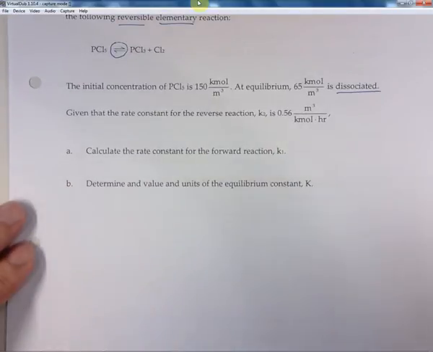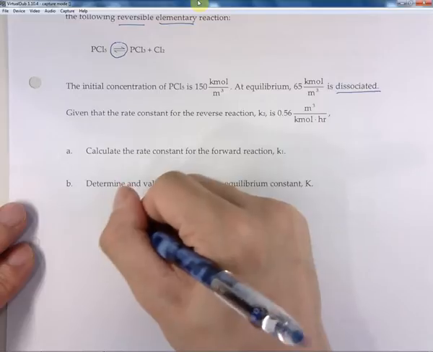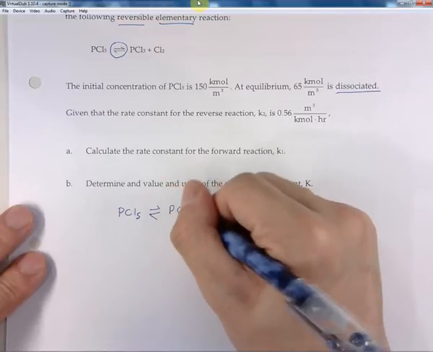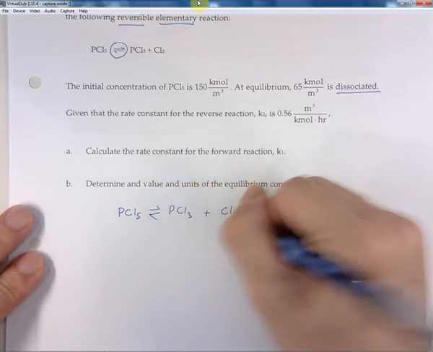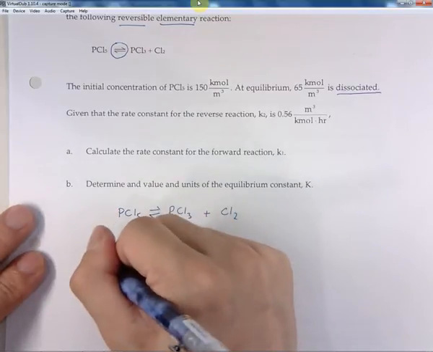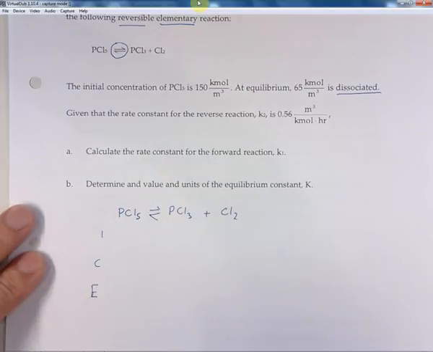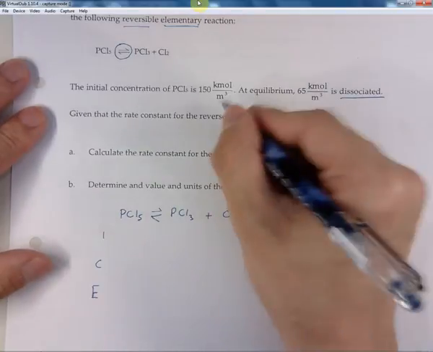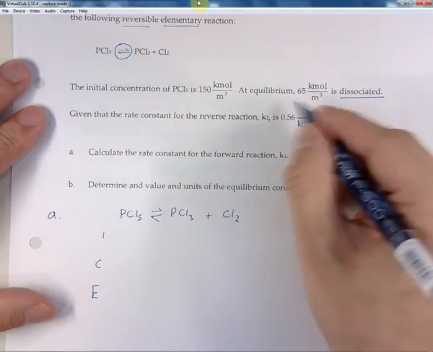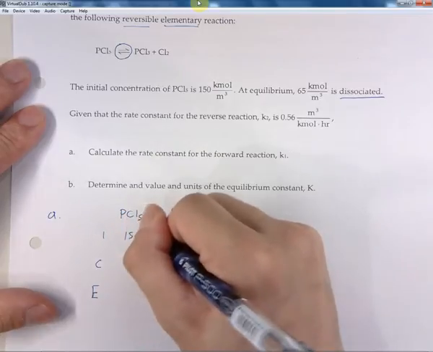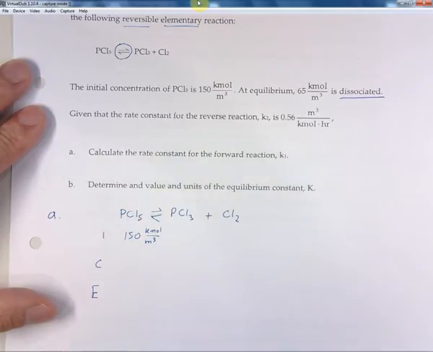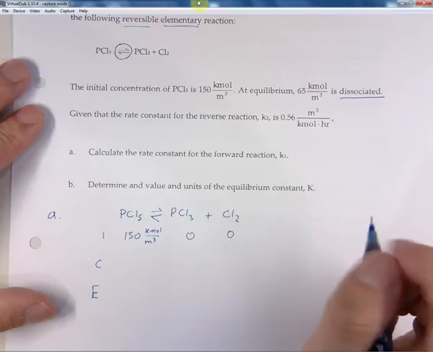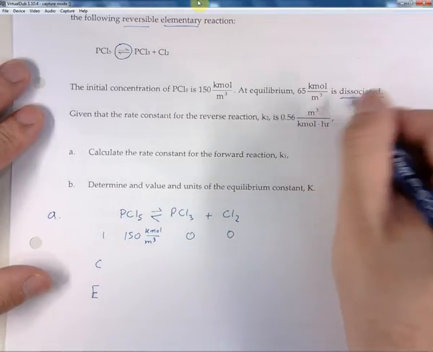So how do we go about solving this question? We write this reaction equation out. Initial, change, and at equilibrium. So initially it was mentioned that we have 150 kilomole per meter cube. Initially, we have none of these two, but the change is, at equilibrium, this amount is dissociated.